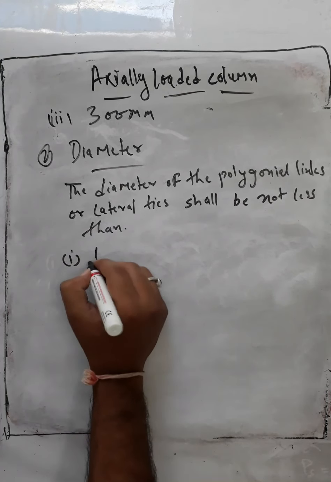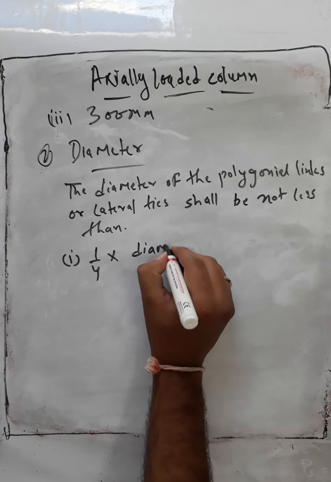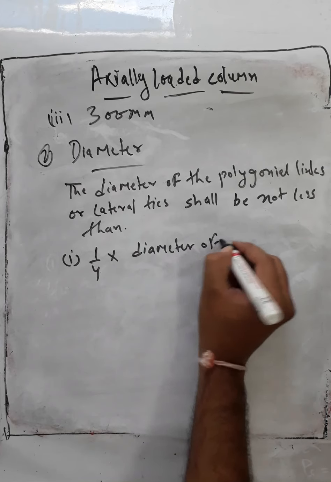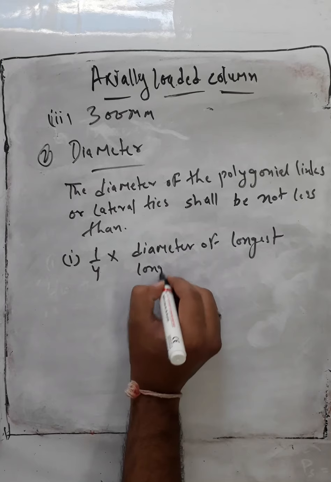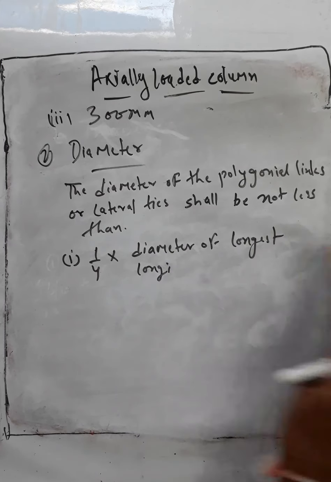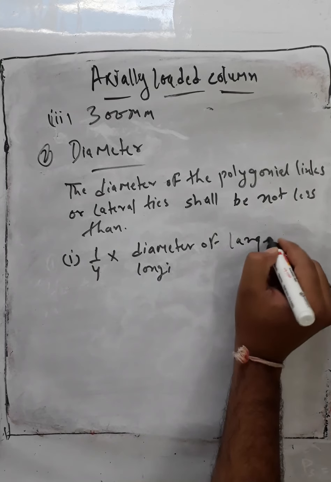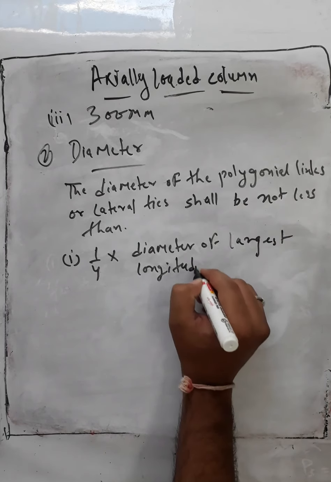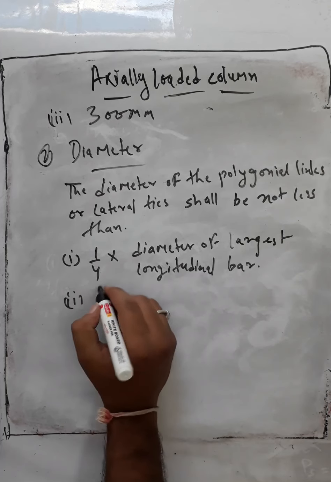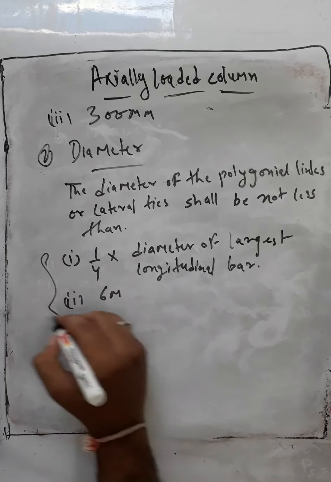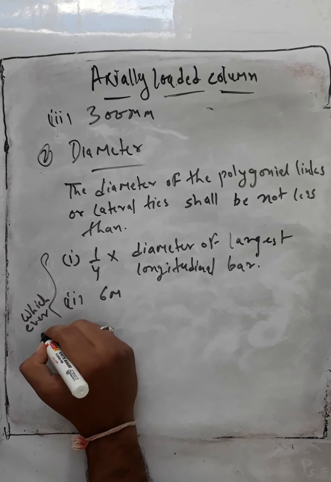first, 1/4 into diameter of the largest longitudinal bar, and second is 6 mm, whichever is more.